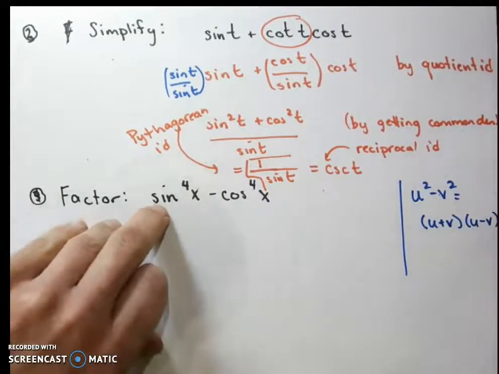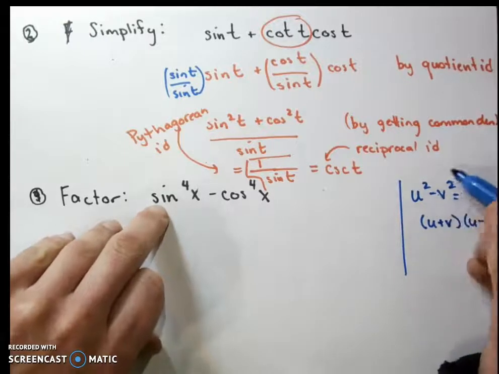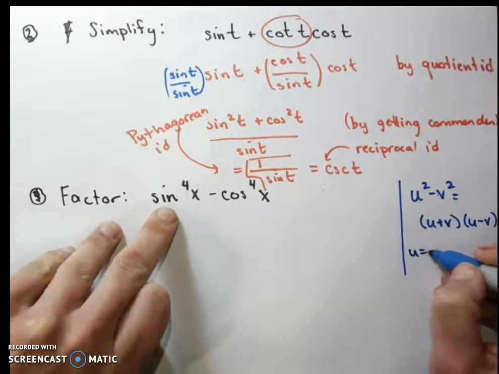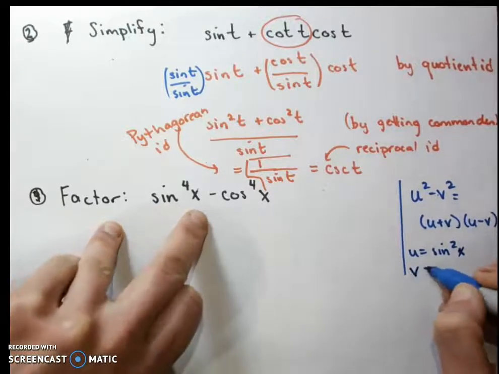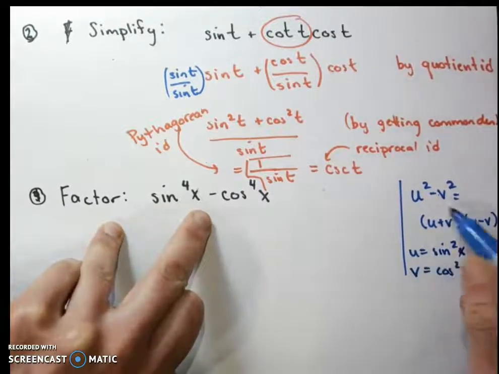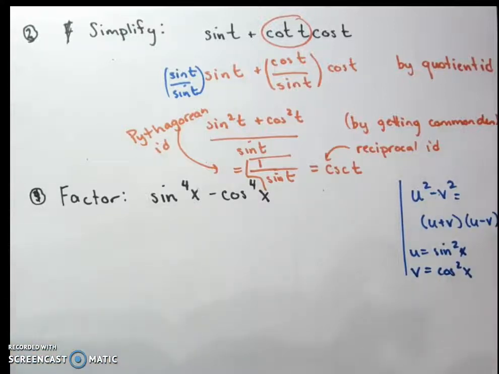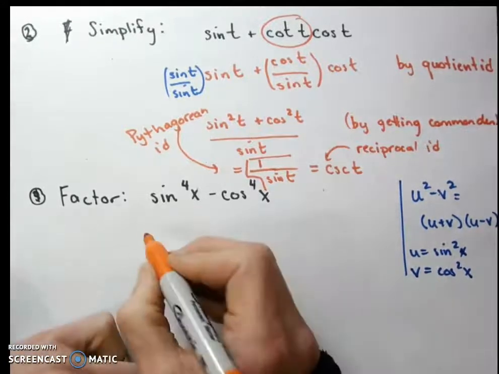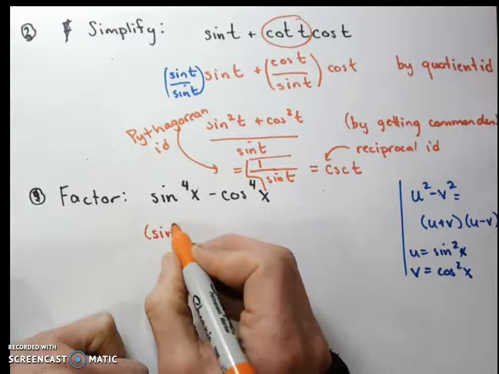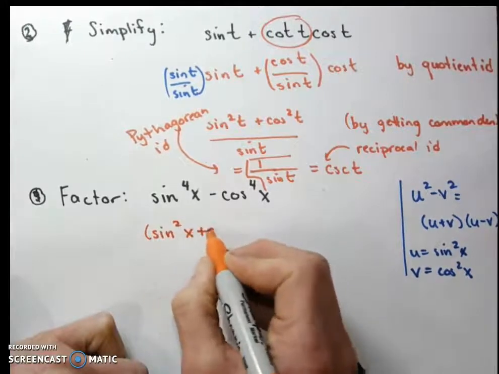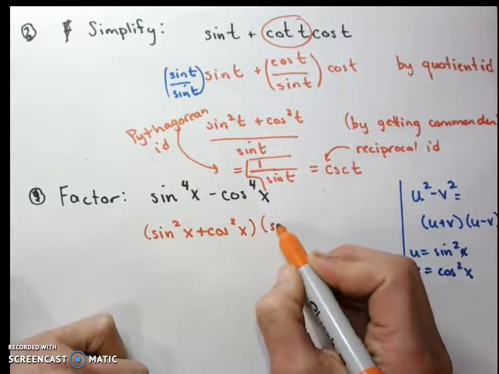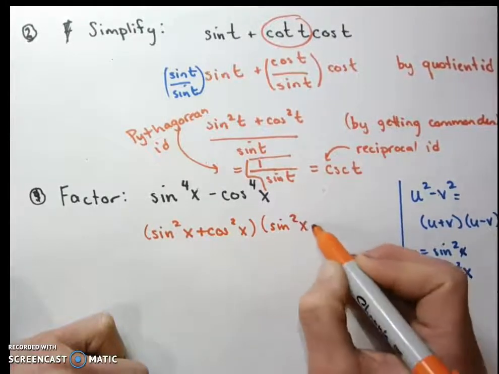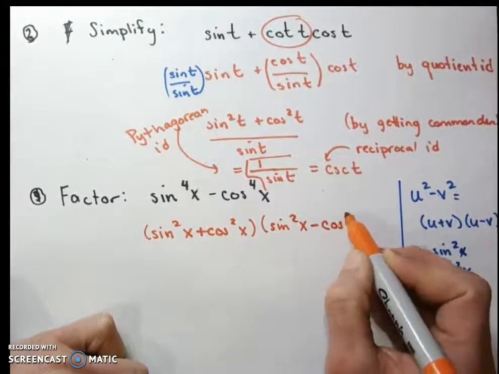So sine to the fourth is sine squared squared. So my u is sine squared x, and my v is cosine squared x, and that will give me this expression. So the way that this will factor is sine squared x plus cosine squared x times sine squared x minus cosine squared x.